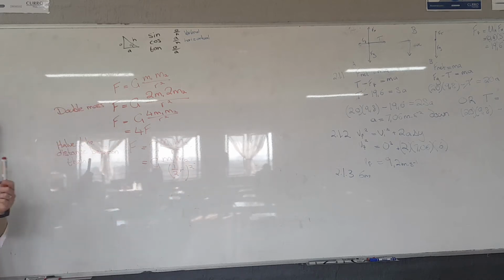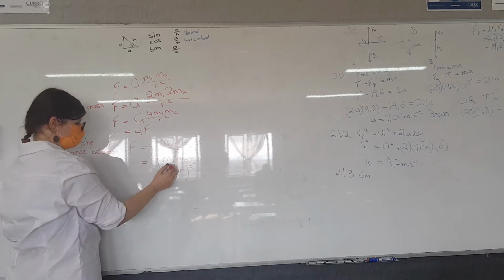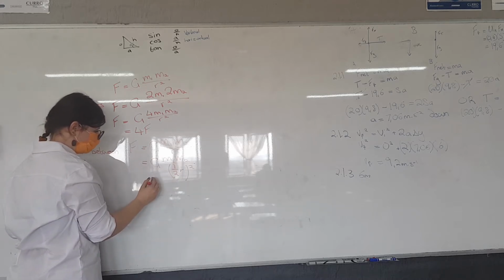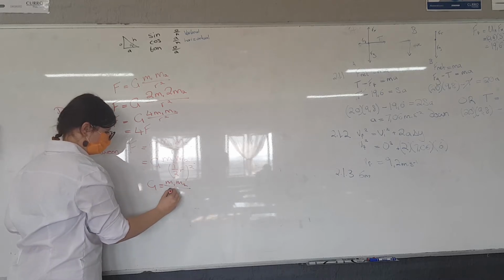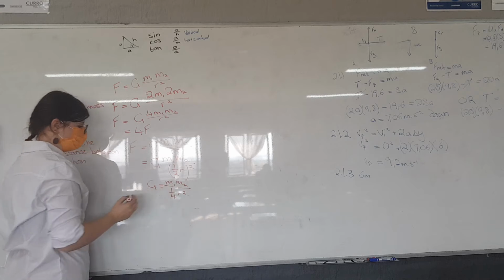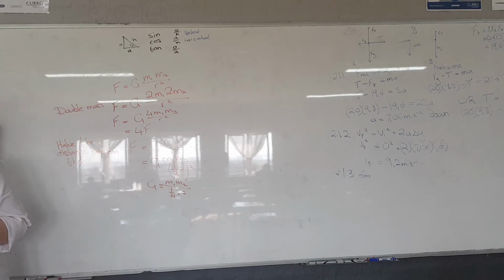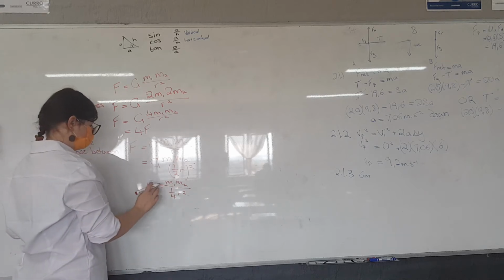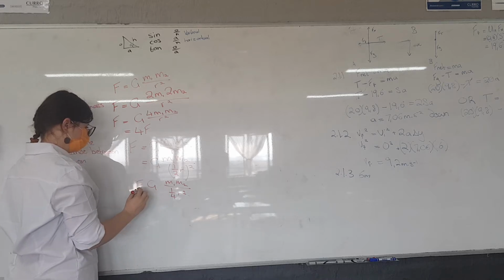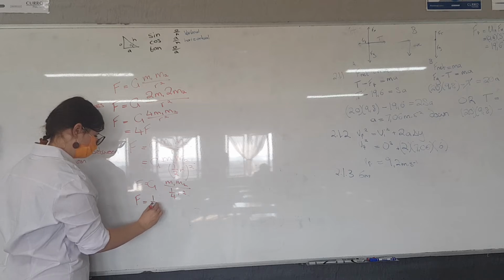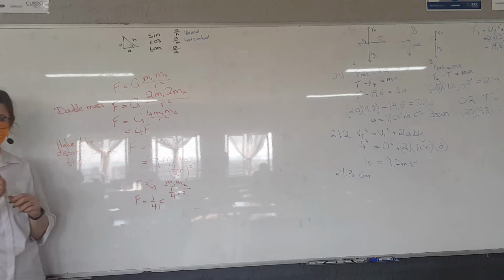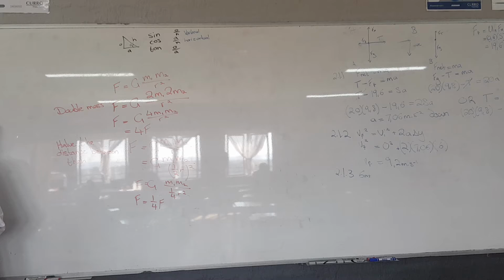That's half the distance between them. If I square a half, it will give me G M1 M2 over 1/4 R squared. You guys happy with that? Do simple maths, which gives me F is equal to 4F, which means it is 4 times bigger. You guys understand this?